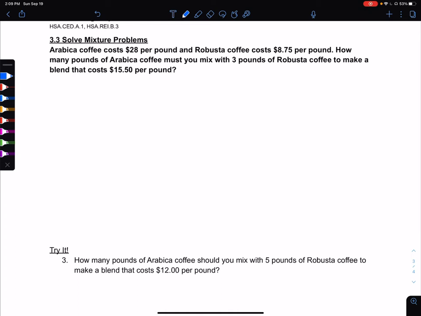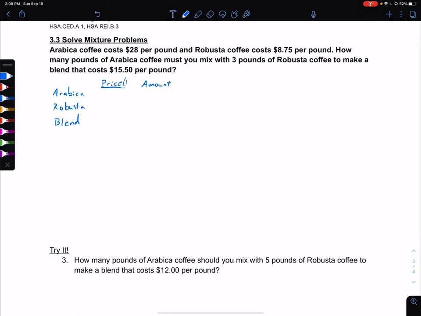organize my information somehow. So we have Arabica, we have Robusta, and we are trying to create a blend. And there's a couple different things about these, right? We have the price of them, or sorry, price per pound.